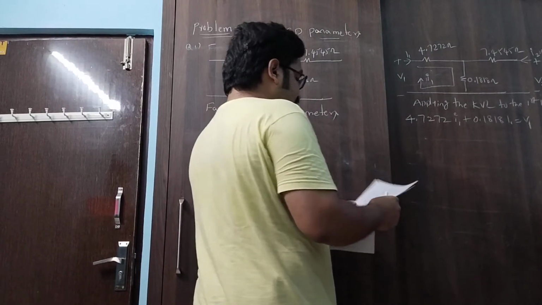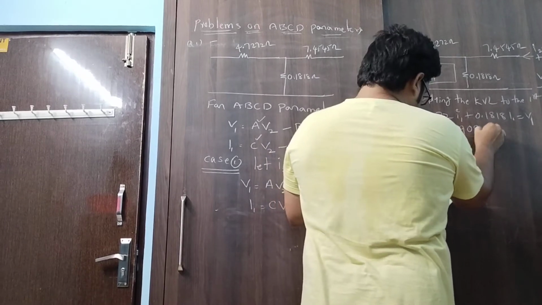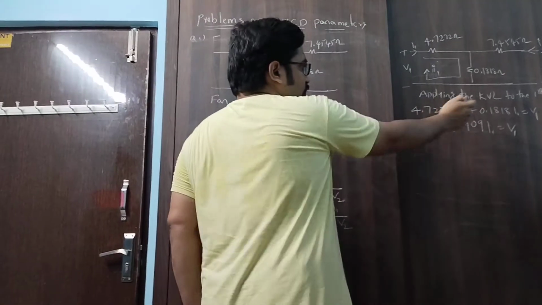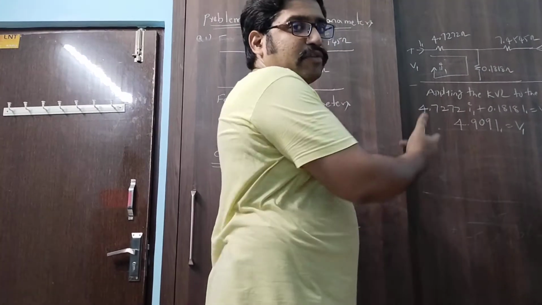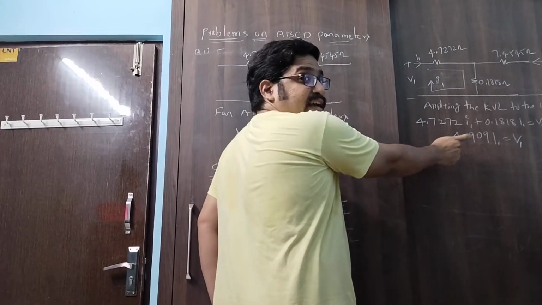If you simplify this with the calculator, you are going to get 4.909 I1 is equal to V1.